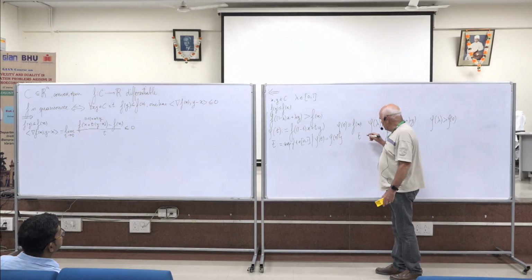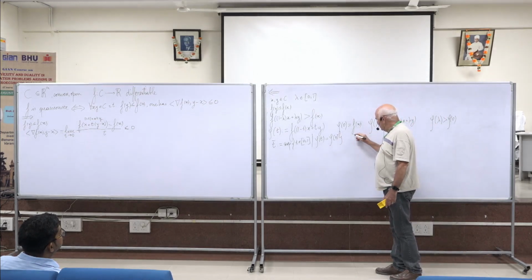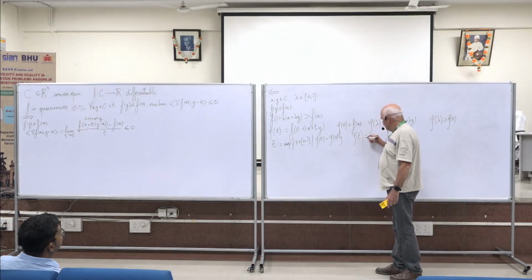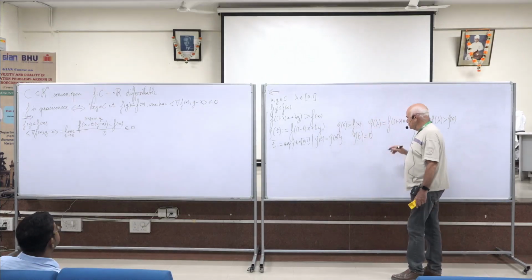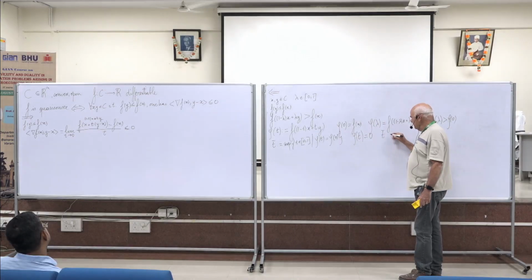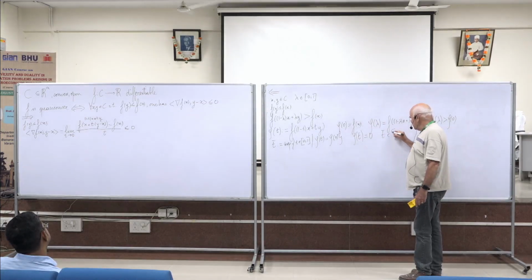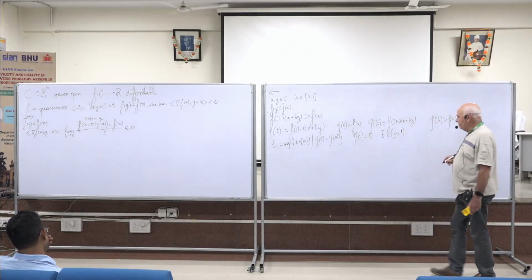Then by continuity, phi of t bar is equal to phi of 0, and t bar belongs to the interval 0, 1, but it's different from 1.